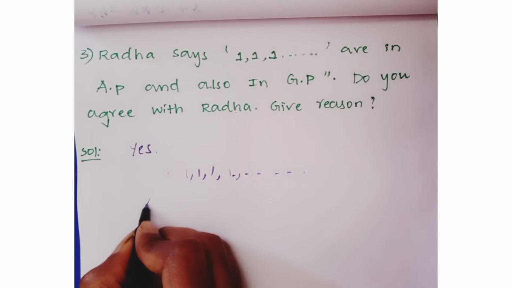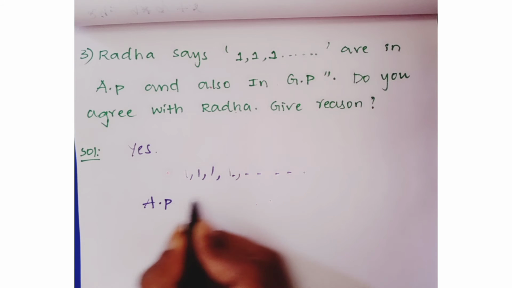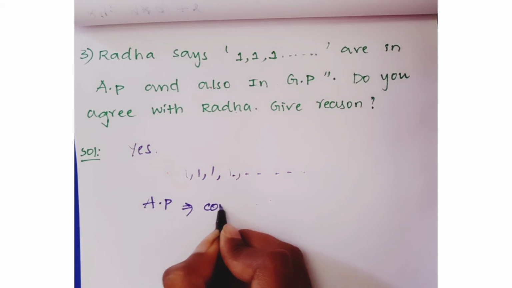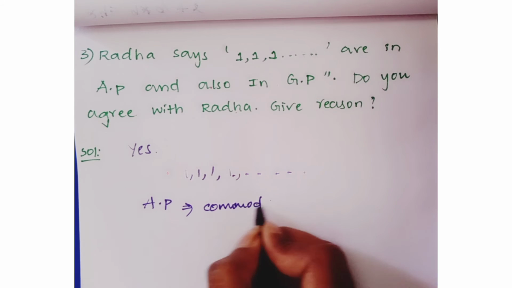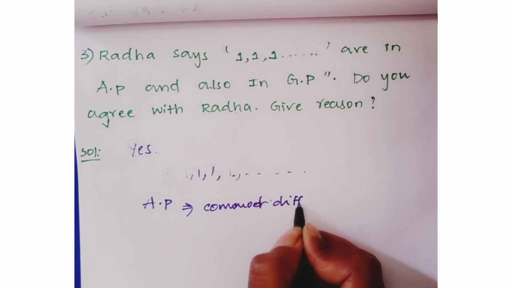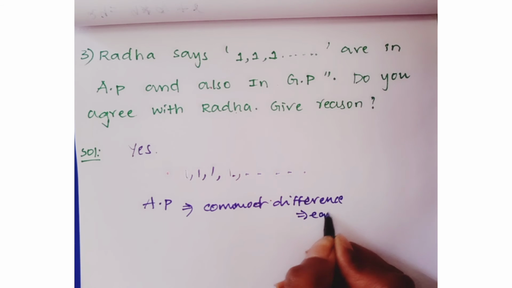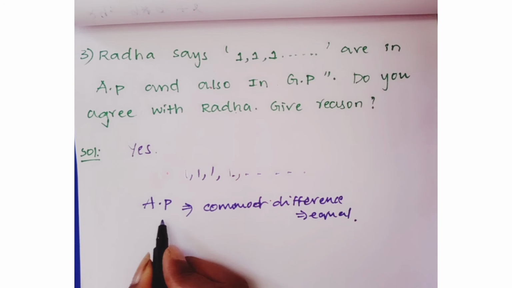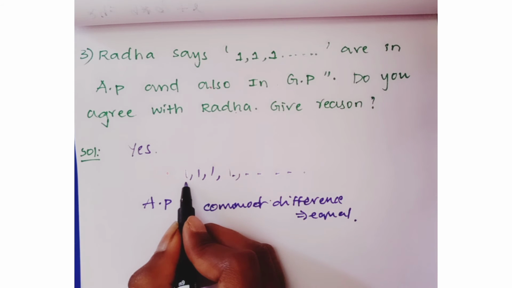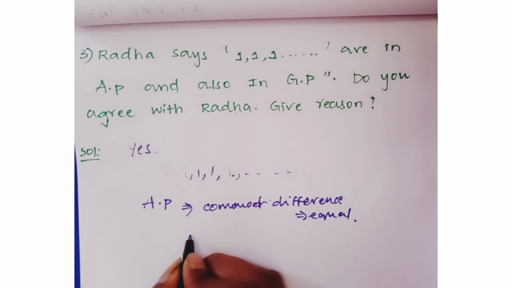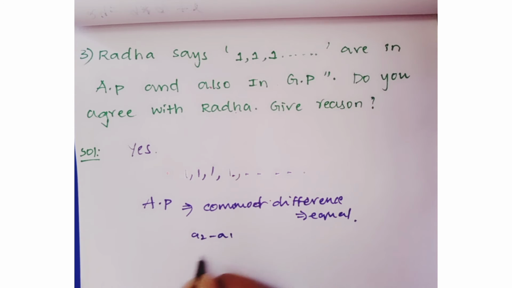Now what is the condition for AP? If a series is in AP, then its common difference is equal. So here for the series 1, 1, 1 and so on, when I subtract a2 minus a1, that is 1 minus 1, it is 0.